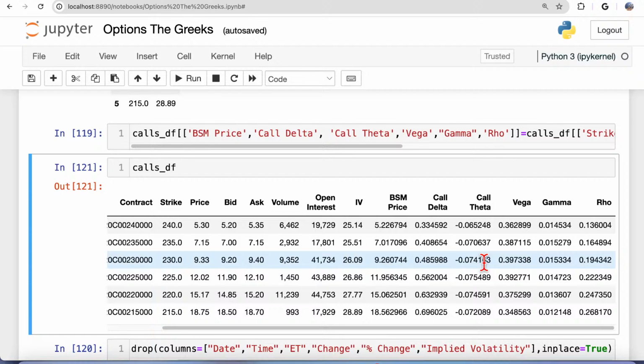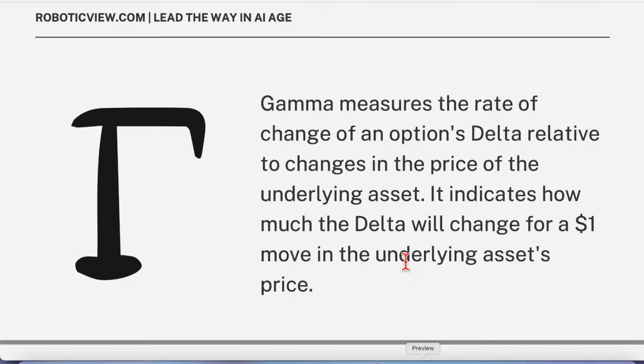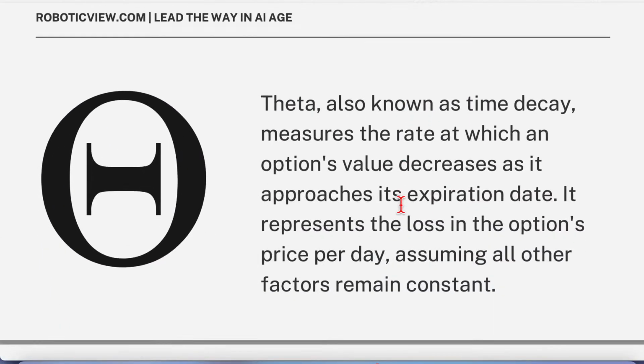If you buy a call, you should expect that it will be losing around 7 cents every day. Suppose you bought this contract and the stock is not going anywhere for, let's say, 10 days, you will be losing 70 cents according to this theta, okay? So that's pretty much what it means.